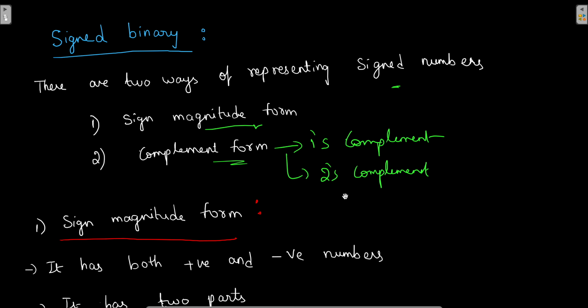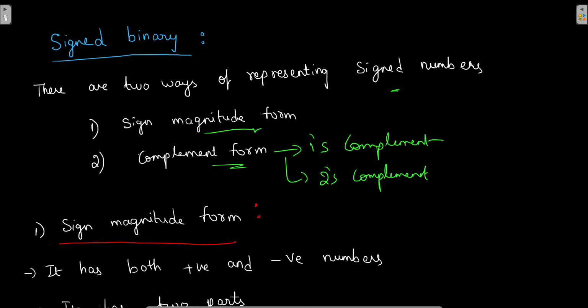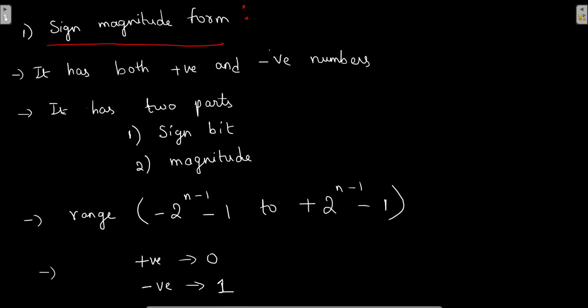Now coming to the sign magnitude form in signed binary. In sign magnitude form, both positive and negative numbers are possible, and it has two parts: the sign bit and the magnitude. Previously, I took the example 101 and considered it totally as magnitude in unsigned binary.